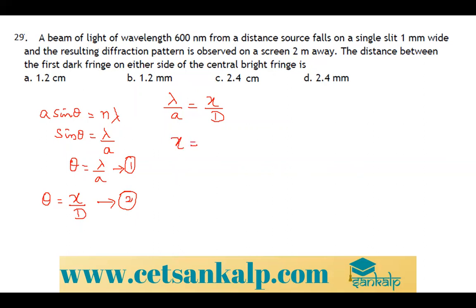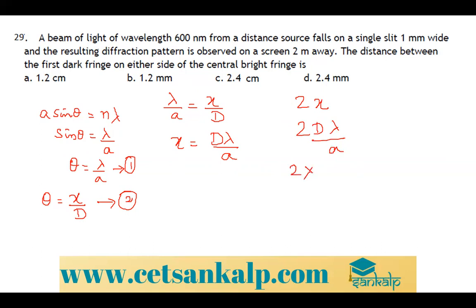So x is equal to d lambda by a. But they've told the distance between the first dark fringe on either side of the central bright fringe. So distance between the first minimum on either side of the central maximum is given as 2x. Then this becomes 2d lambda by a.